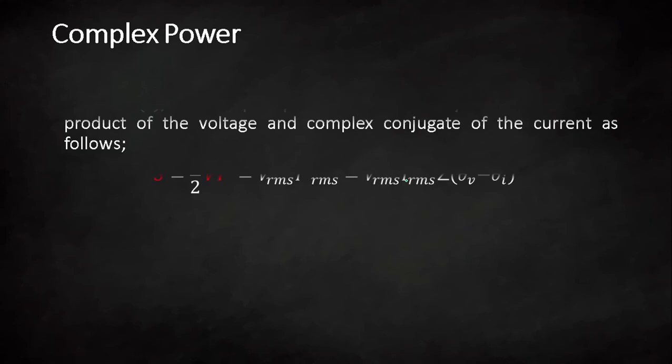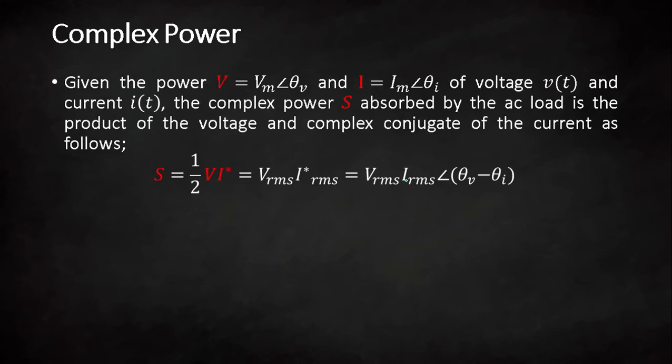Now the another term that we have to understand whenever we are discussing RMS values of voltage and current is complex power. So let's say your power is given in terms of voltage multiplied by current. The voltage phasor is represented by Vm, the amplitude of voltage, at an angle of theta V. This can also be written in sinusoidal form as V equal to Vm cos of omega t plus theta V. Here we have represented it in terms of a phasor.